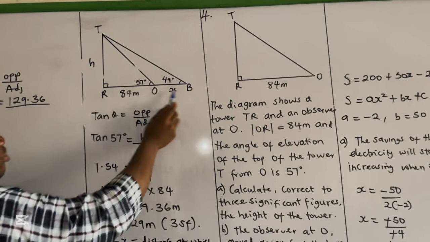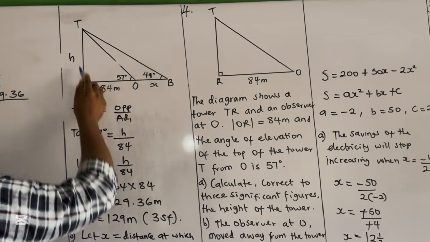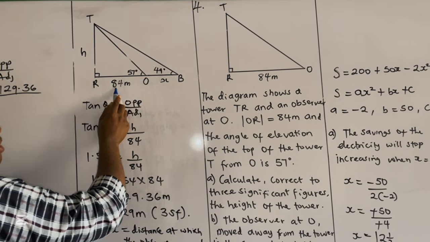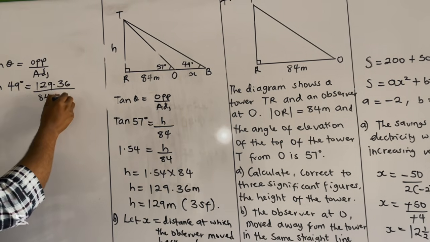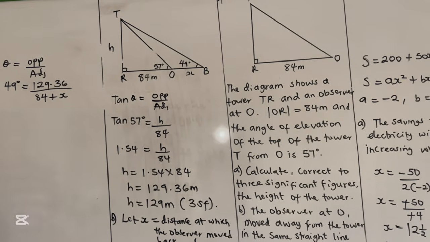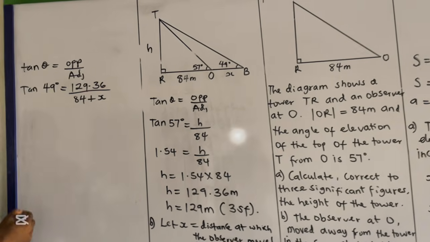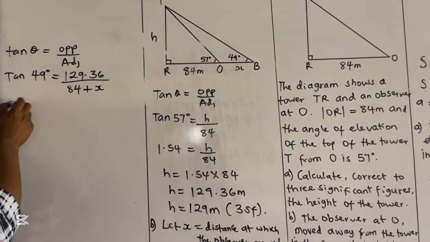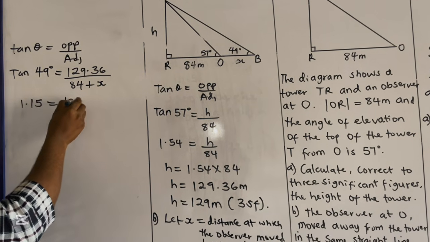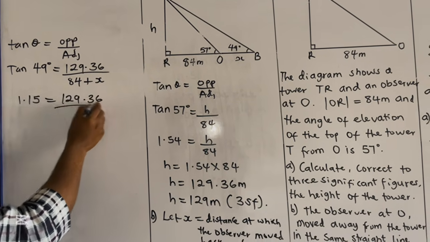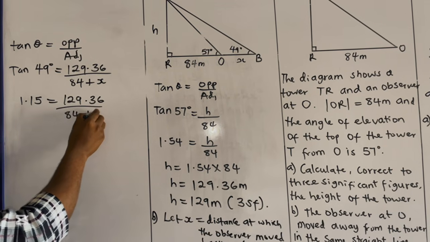Because this is for the bigger triangle. When you move backward, this is for the bigger triangle. So it is 84 plus x. So in this case now we have that tan 49 is equal to 1.15, which is equal to 129.36 over 84 plus x.